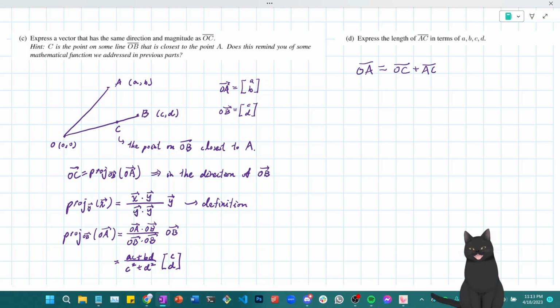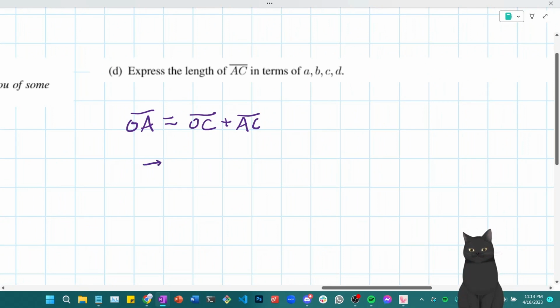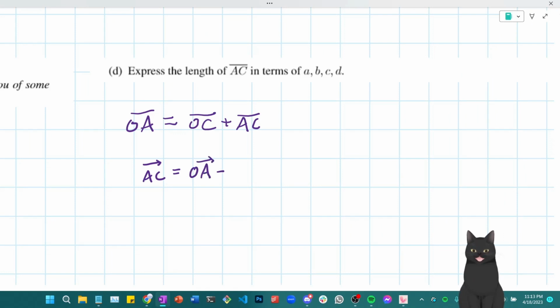But finding out the exact coordinate of C is painful. We have already done that, but to compute AC's length based on that is very painful. So we would rather first try to find an expression of AC so that we can deal with the length later. So that's one way of solving the problem. In this case, I see that AC is equal to OA minus OC.